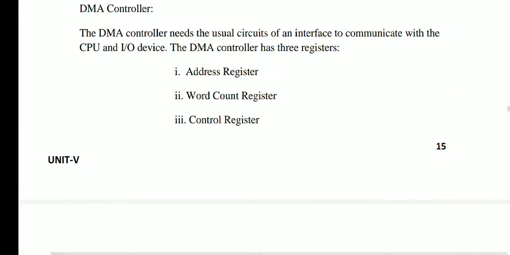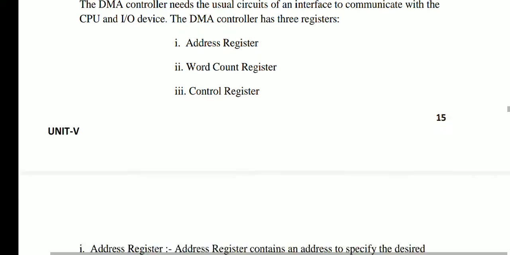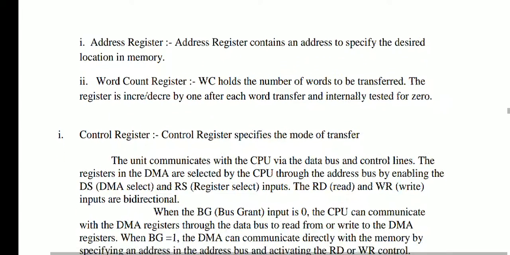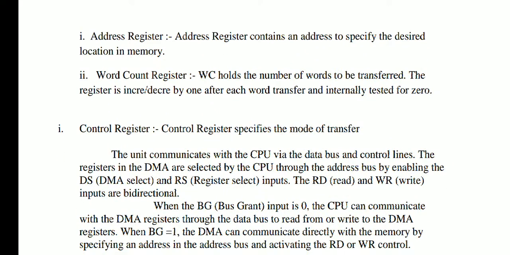The DMA controller needs the usual circuit of an interface to communicate with the CPU and the input-output device. The DMA controller has three registers: address register, word count register, and control register. The address register contains the address to specify the desired location in the memory.